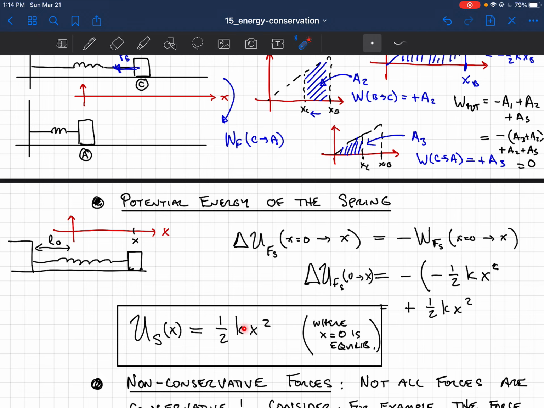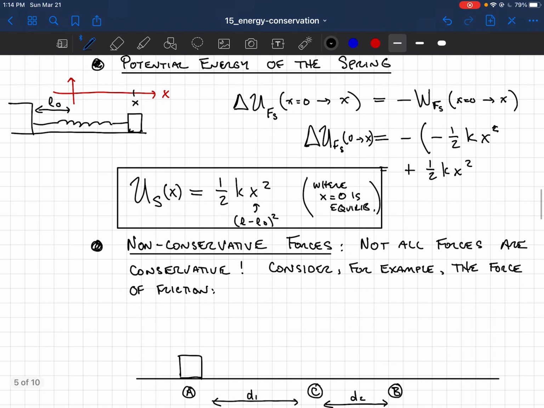It depends only on this x value, but just like the gravity, it's not just any x value, it's the value that you get when you draw your coordinate system like this so that the origin is at equilibrium. So it's the amount that you've pulled the spring out. Another way that you could write this that's independent of the coordinates is just L minus L naught squared, meaning the amount that you have stretched the spring squared. And that's our second potential energy function.